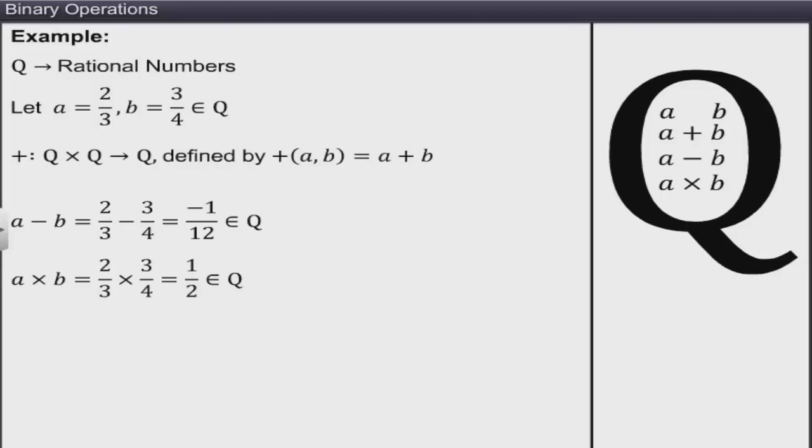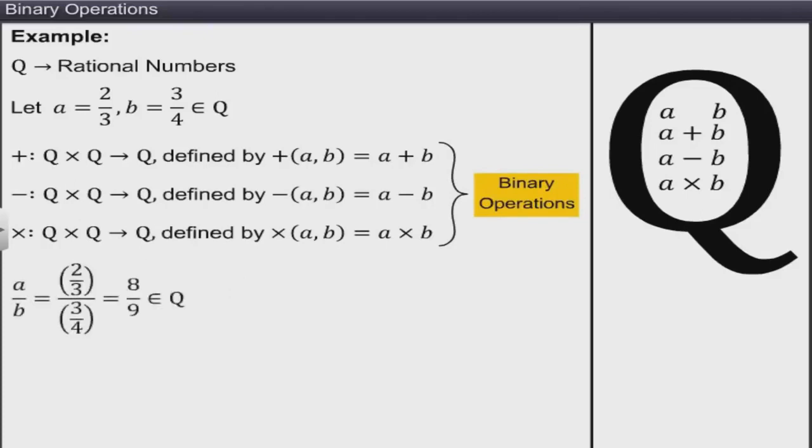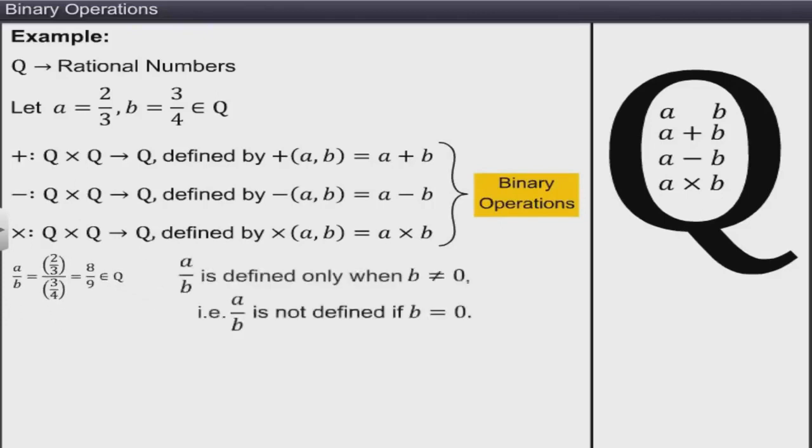Similarly, the functions subtraction and multiplication from Q cross Q to Q are also binary operations. Now, the division of two rational numbers may not result in a rational number, as A divided by B is defined only when B is not equal to 0, otherwise it is not defined.